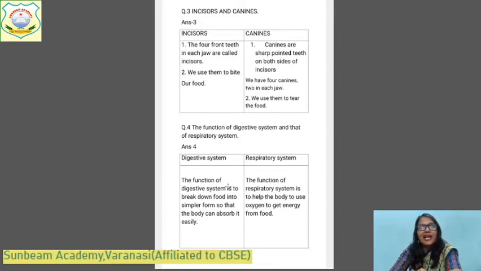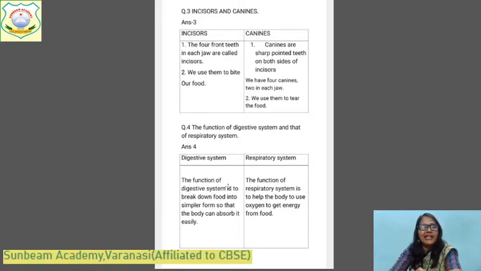Okay? And what are canines? Canines are sharp, pointed teeth on both sides of the incisors. Just after incisors, the canines are present. We have 4 canines, 2 in each jaw. And what is the use of canines? We use them to tear the food.